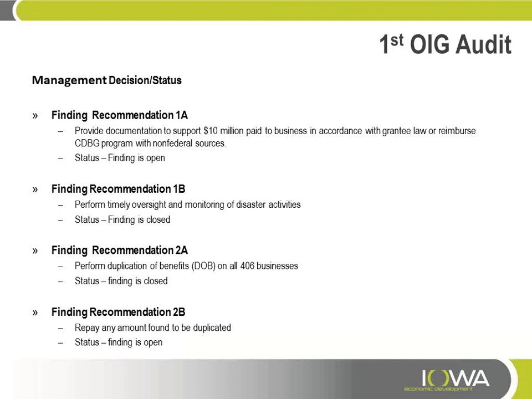And the other recommendation on the duplication of benefits for all the 406, we had to develop subrogation agreements and affidavits. We had to go back out to all these businesses. We had to recontact the SBA and the insurance companies. We researched Chambers of Commerce. What did they provide?